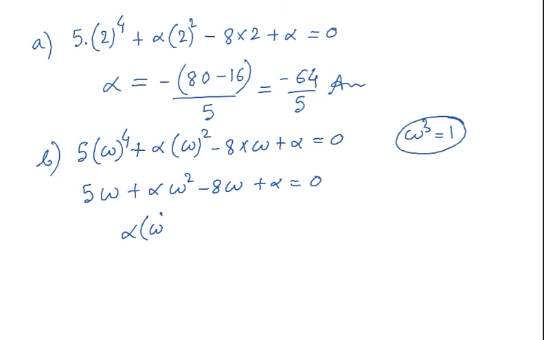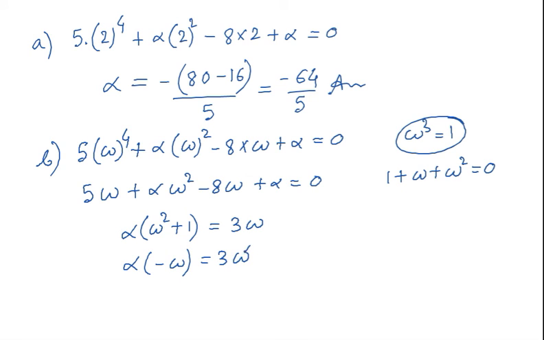So alpha into (omega square plus 1) is coming out to be 3 omega. And we also know that 1 plus omega plus omega square is 0, so it is alpha into minus omega equal to 3 omega. On cancelling omega, we get the value of alpha to be minus 3 for the second question.